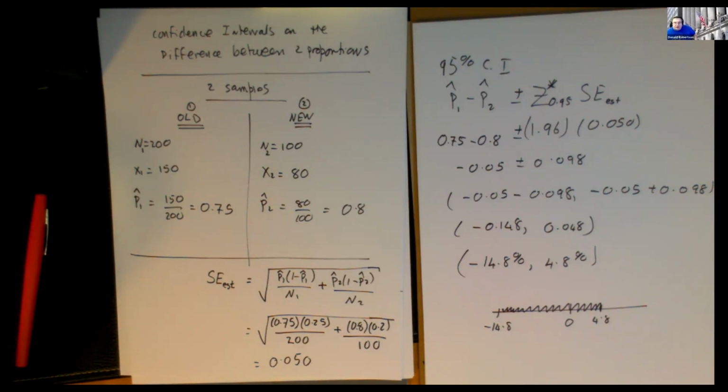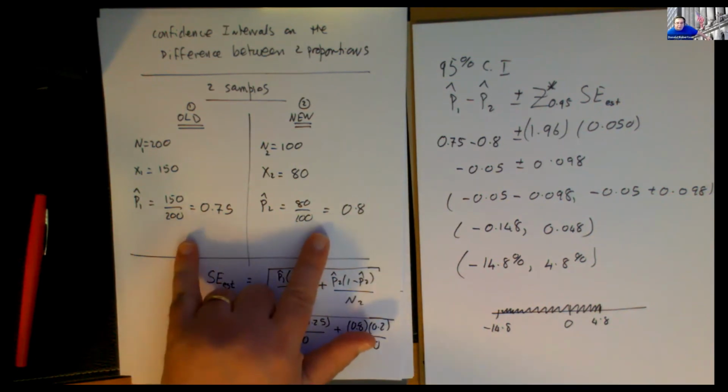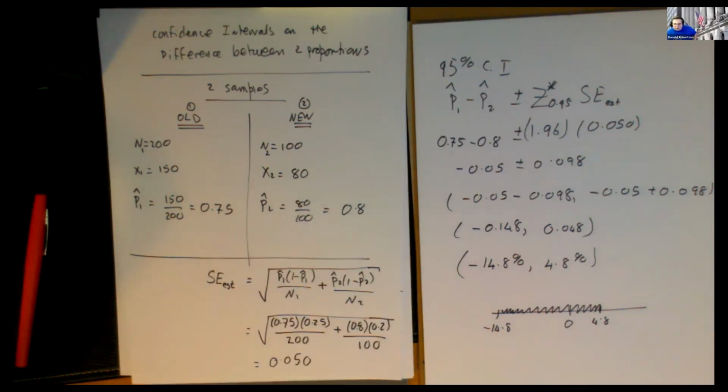So now we're going to add another type of question once that's done. And that's, how do you interpret this? Well, in this case, the conclusion should be that there's not enough evidence to prove that one of these drugs is better or worse than the other. Now you might say, well, how do I make that assumption? Do you notice the number of zeros in this interval?